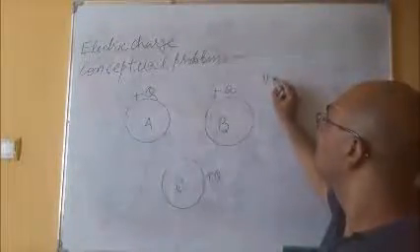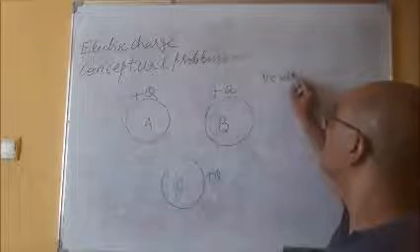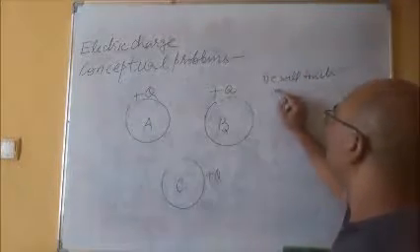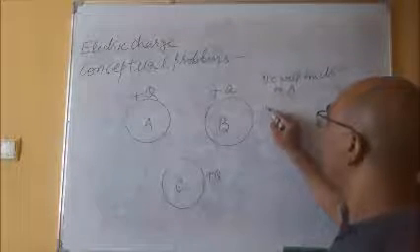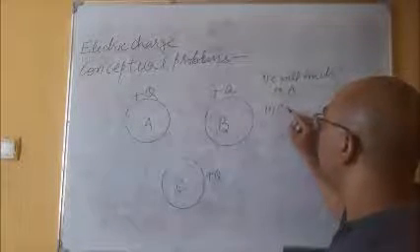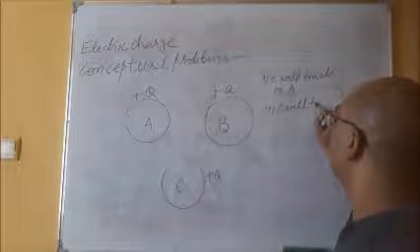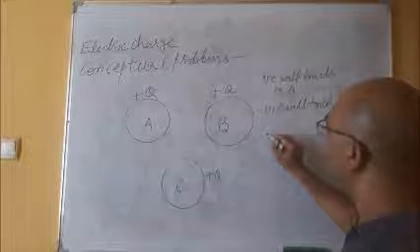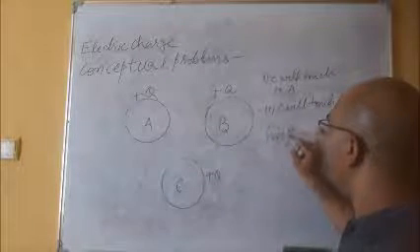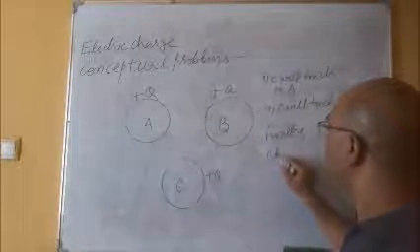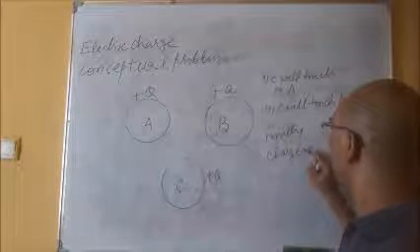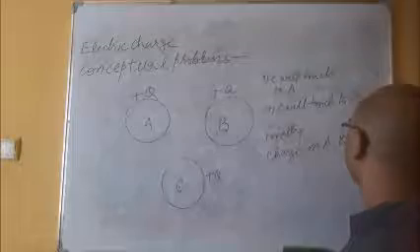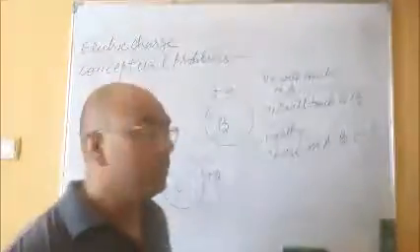First C will touch A, and then C will touch B. So finally, what are the charges on A, B and C? This is the question.